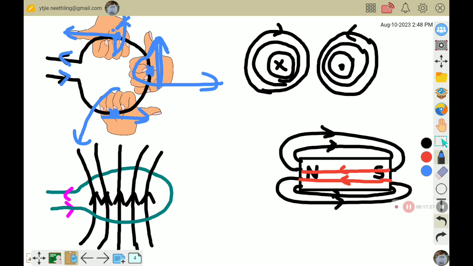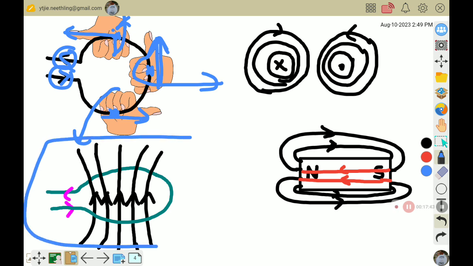upwards. Okay, so we can conclude that if the current that's given is in that direction, the net magnetic field lines will move like this picture, so out of that circle conductor.